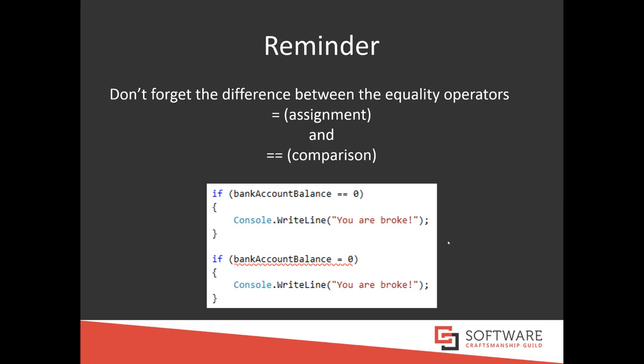The second statement I've said if bank account balance assigned to 0, and that got a red underline on it. It makes no sense to do a comparison of whether you can assign something to 0. This is a common newbie mistake. Always remember to use double equals in your if statements.